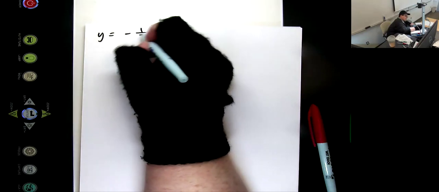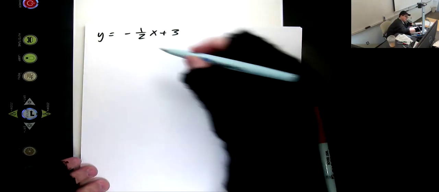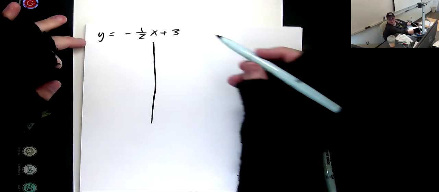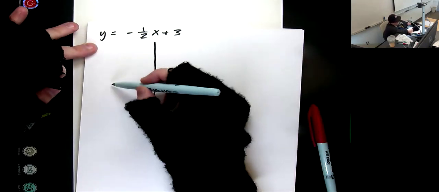So we had y equals -1/2 x plus 3. How do we go about graphing that? Wow, that is so not a straight line. Fine, we're gonna go with it.